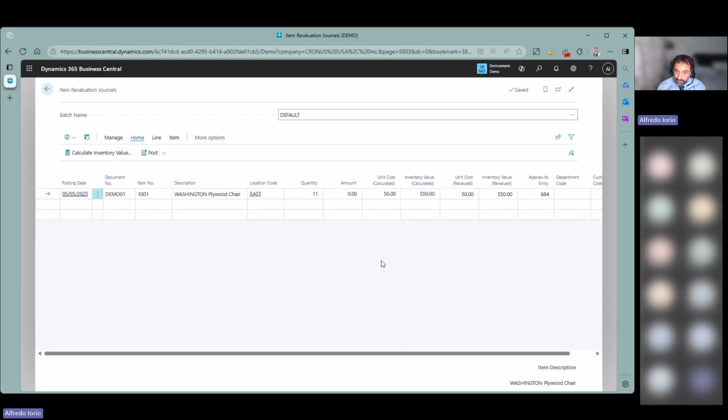That's why Business Central can differentiate. It can show me 50. It's not because it's incorrect, because the cost of the item, as I showed you before, is always linked to the item ledger entry and value entries, which are always location specific, right? There are exceptions, but again, something for another session. So if I look at this field here, it says applies to entry 684.